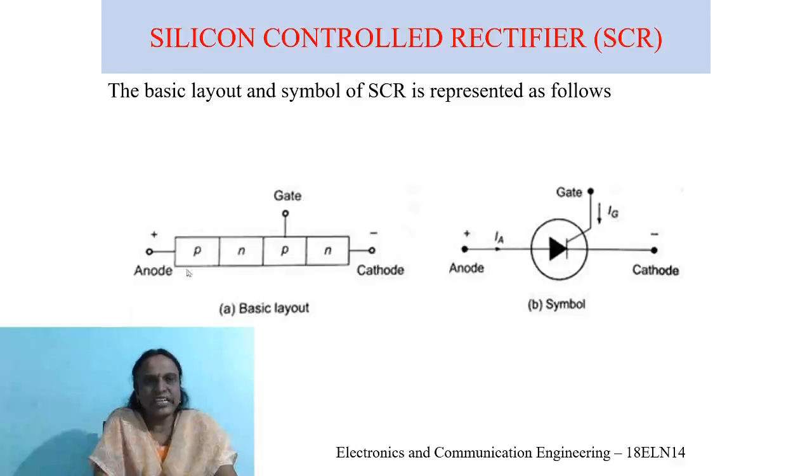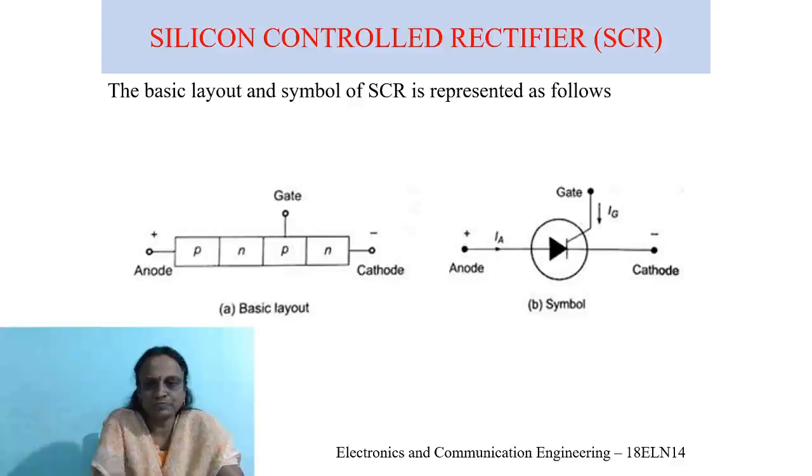The outer layer P is connected to the anode terminal and the outer layer N is connected to the cathode terminal. The P layer close to the cathode is connected to the gate terminal, as it is represented here. The symbol of an SCR is shown here.